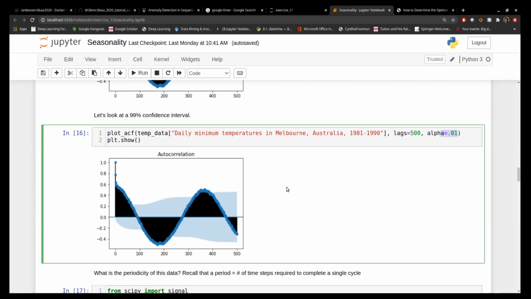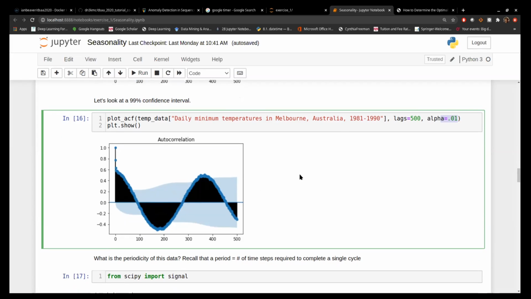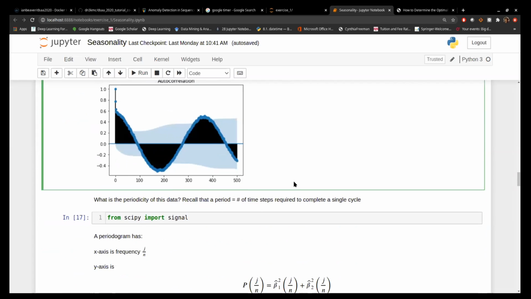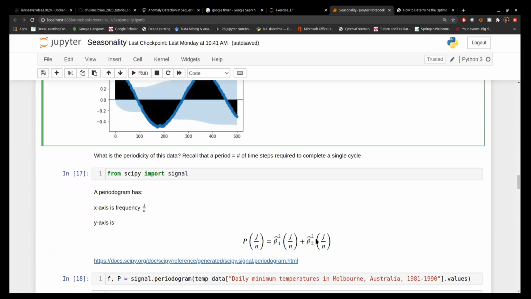We're going to see if we can get a more exact number here using periodograms. A periodogram graphs a measure of the relative importance of the possible frequency values that might explain these oscillatory behaviors in our data. The x-axis is the frequency j/n, and the y-axis is the sum of the squared coefficients at the frequency j/n.